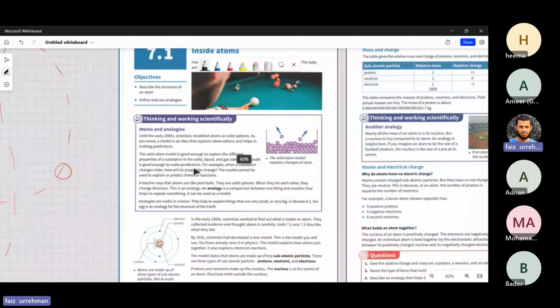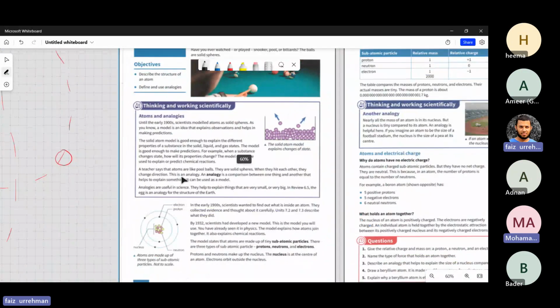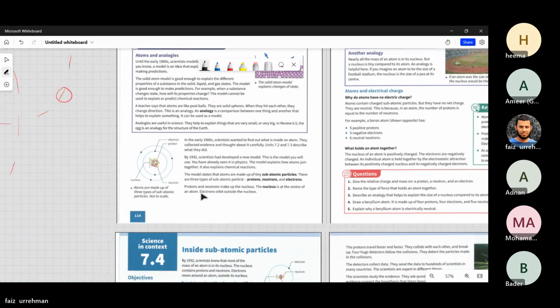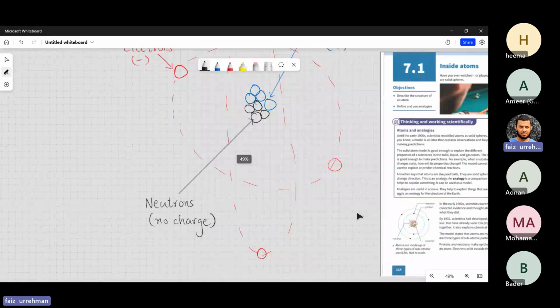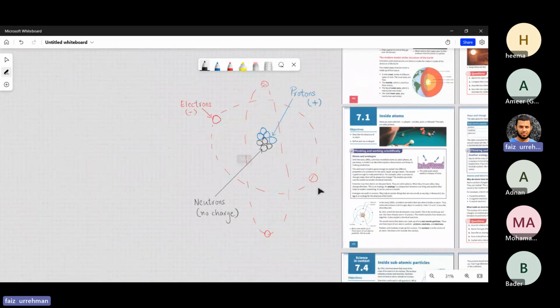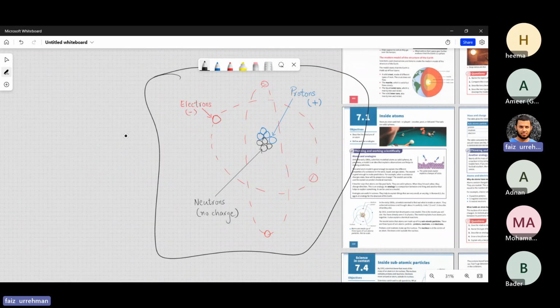Okay, so let's go back. Now, thinking and working scientifically. Completely, this structure is known as an atom. This whole package is an atom. But inside the atom, I demonstrated how many things so far?